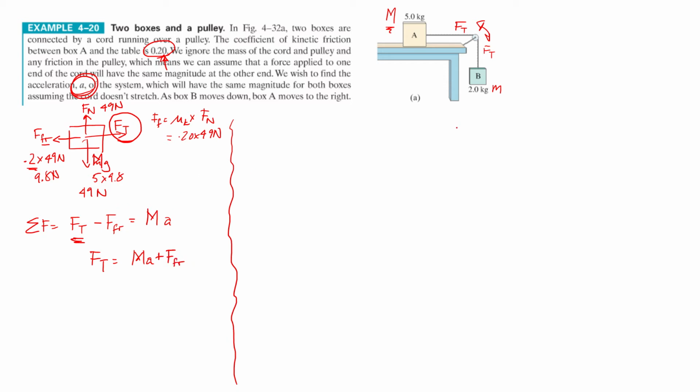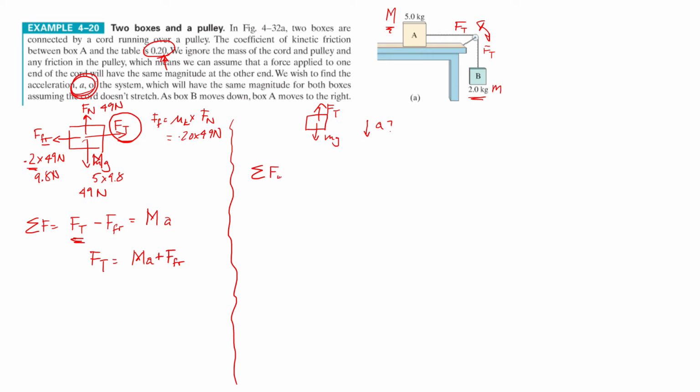Good. Let's do the box going up and down. Let's call this little m. Little m is 2 kilograms. We have an mg. We have an FT. They're not equal to each other because there is an overall acceleration going down. And we want to know what that acceleration is. So we could still do a sum of forces though.